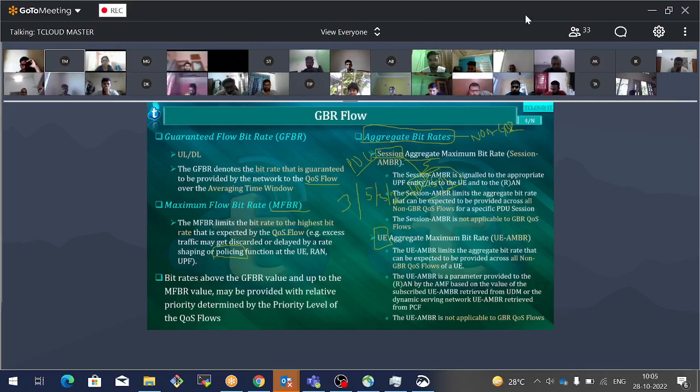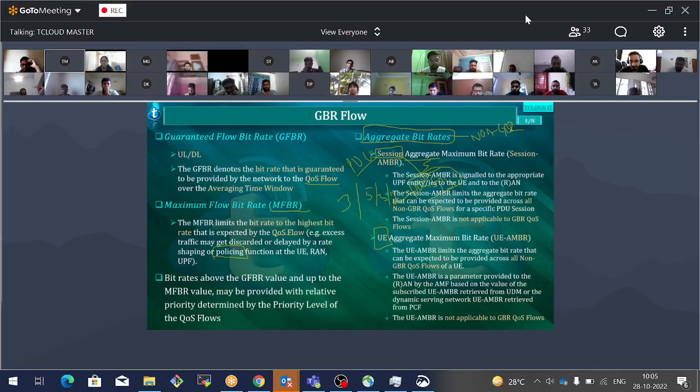Again, this UE aggregate maximum bitrate also is applicable only for non-GBR quality of service flows, not applicable for GBR flows. It is only applicable for non-GBR flows.